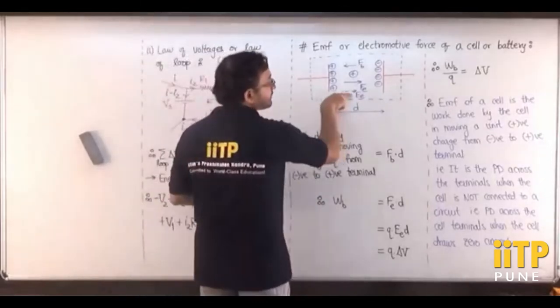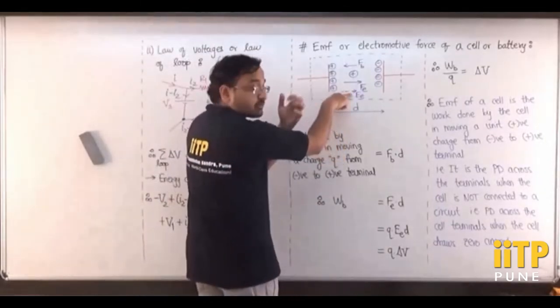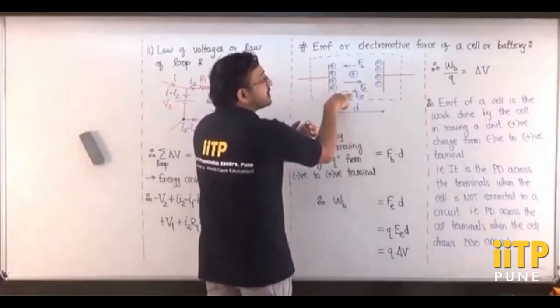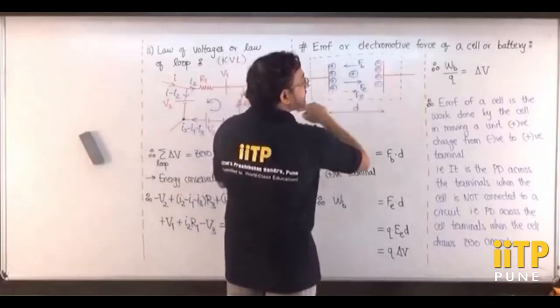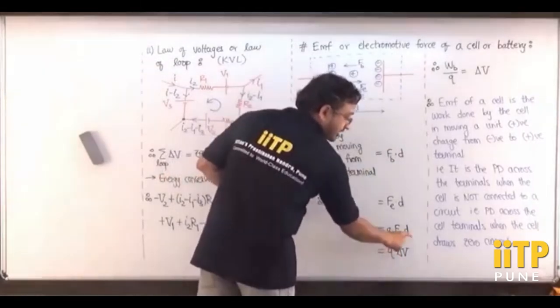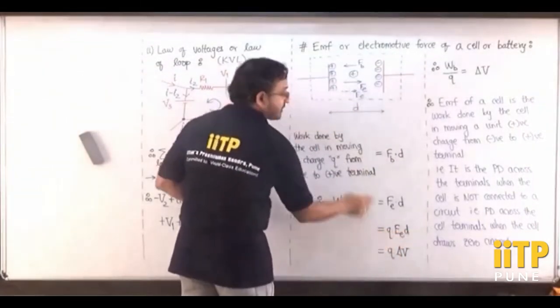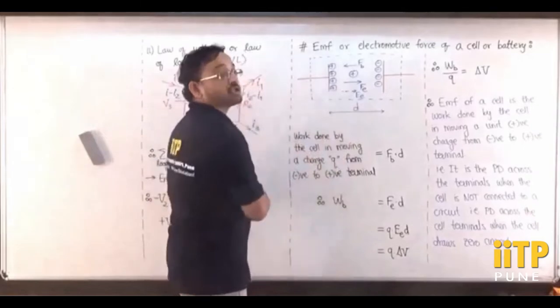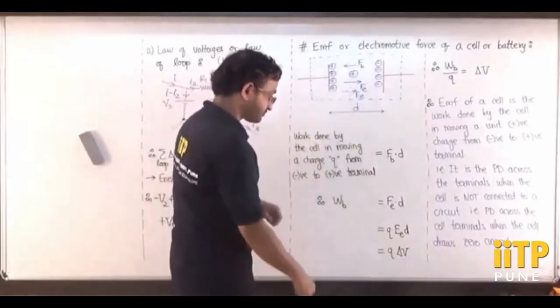Given that electric field here, when it reaches equilibrium, is nothing but the potential difference divided by the separation, that gives me that the separation multiplied by the electric field is nothing but the potential difference across the terminals.